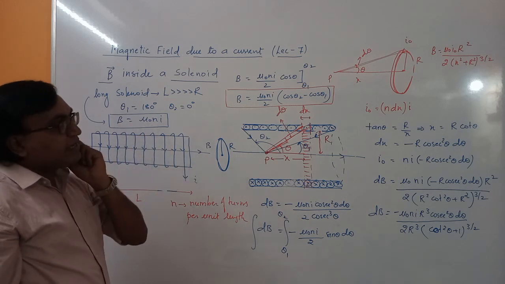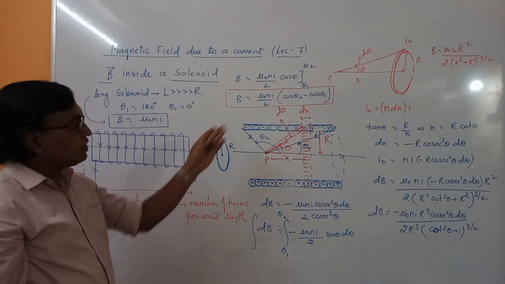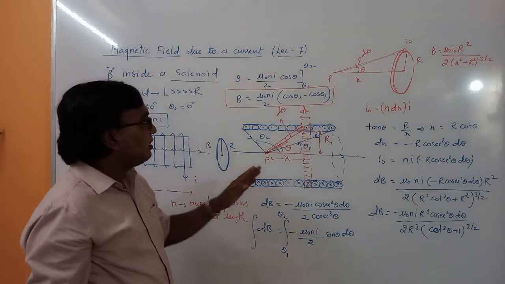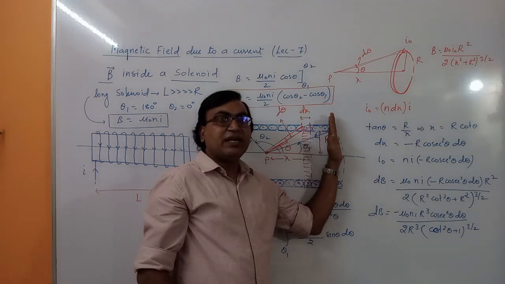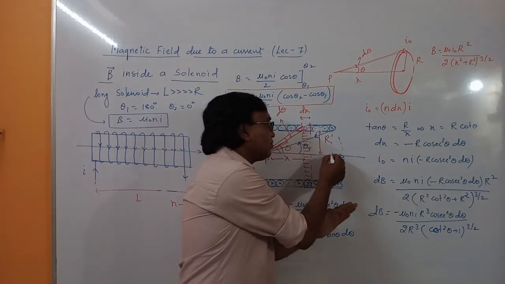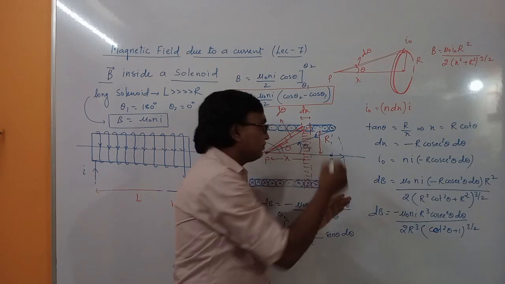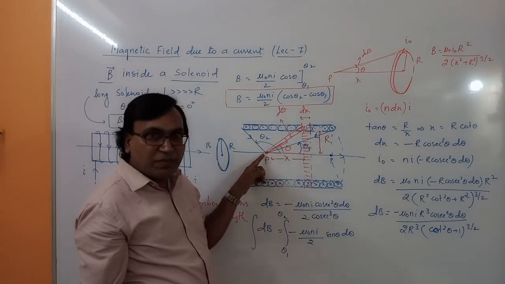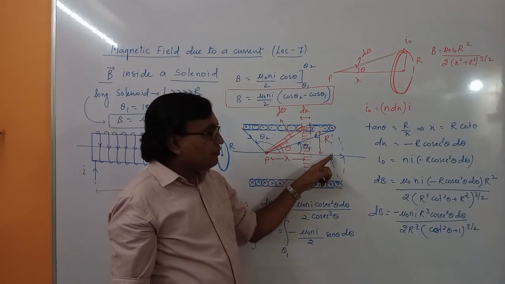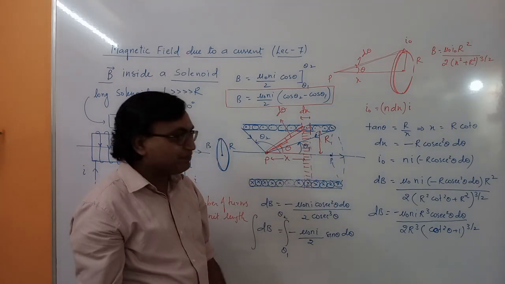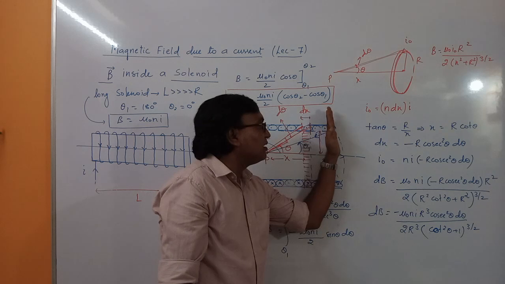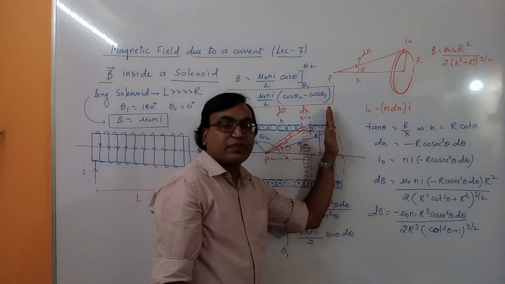Now if you take the magnetic field at one of the ends, suppose this is the end and this is point P, first you are finding the magnetic field at this point. If you find the magnetic field at one of its ends, just like a semi-infinite wire, then here this will be 90 degrees.